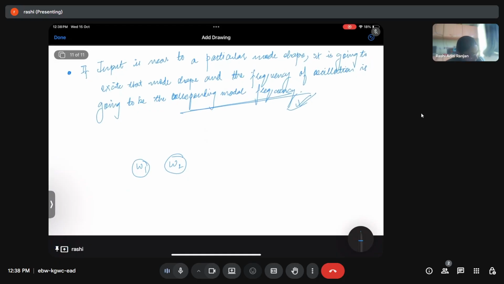Now this was all about single degree of freedom system, 2 degree of freedom system, and multi-degree of freedom system. Okay, these were the things that we talked about before going into the continuous system. I guess let me check for once if I'm missing something.